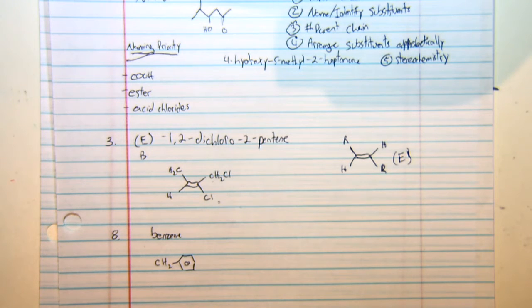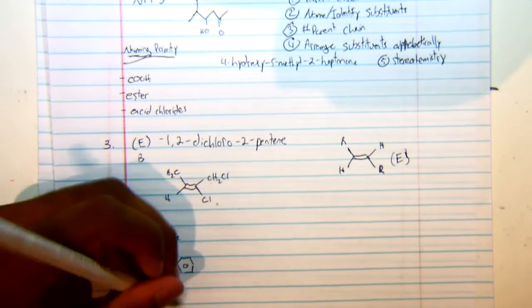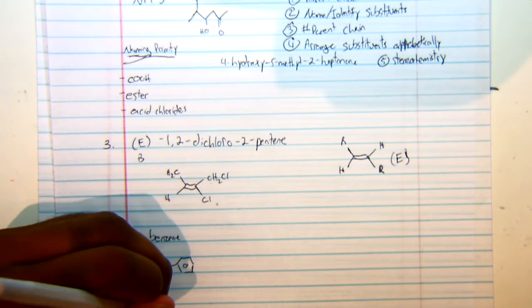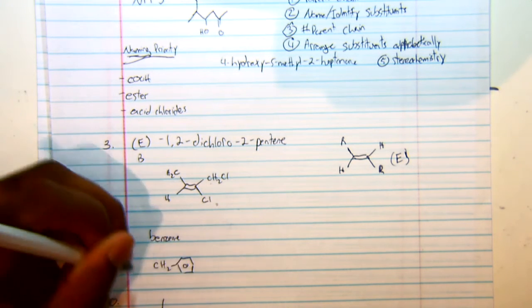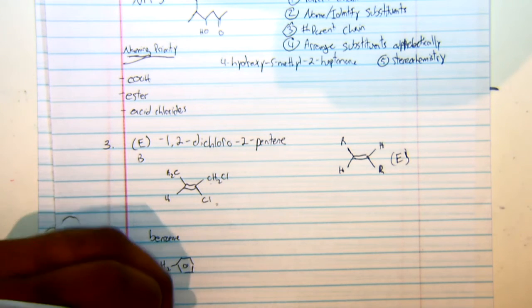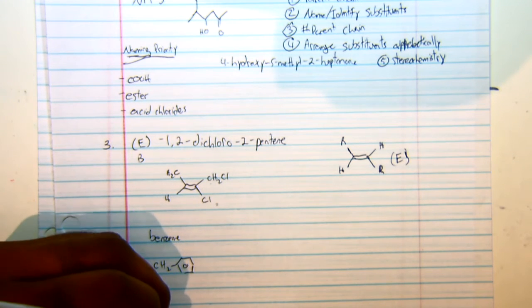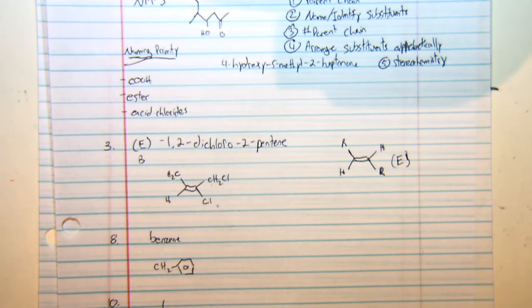For number 10, I'm going to draw that really quick. No, that's not an aromatic ring. So what is our parent chain going to be in this case?